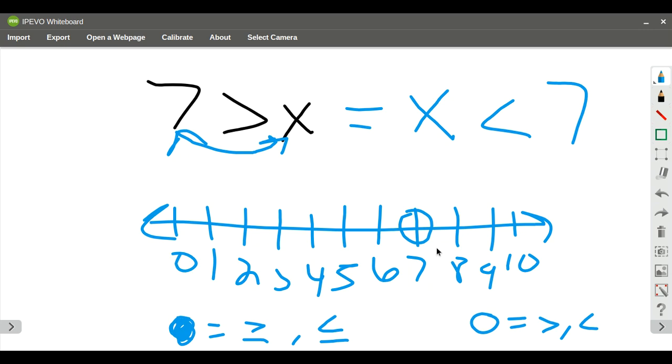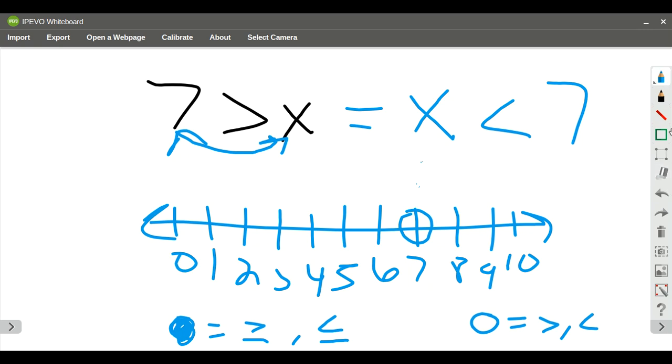I'm going to label my variable up above. So I have x as possible solutions, and then I'm going to draw. Actually, I'm going to take off the variable. I don't want to worry about that, so you guys don't need to worry about that either.